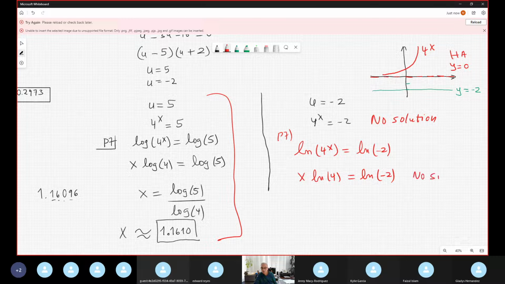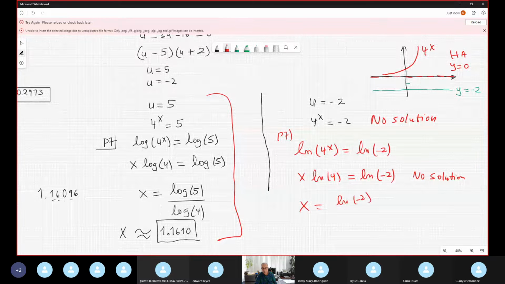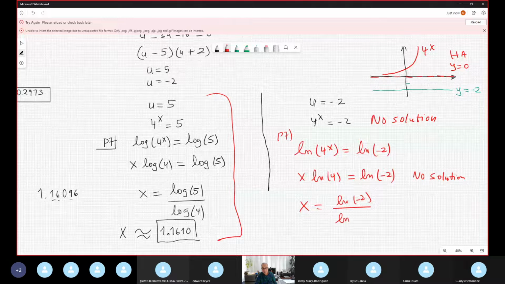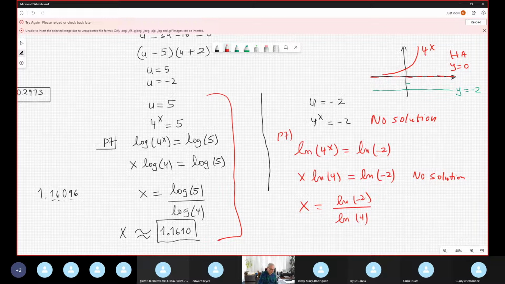But suppose that you don't know that or don't remember, and you try, and you divide both sides by the logarithm of 4. So you have the logarithm of negative 2 divided by the logarithm of 4. Put this in the calculator and let me know what message you see on the display. So ln of negative 2 divided by ln of 4.